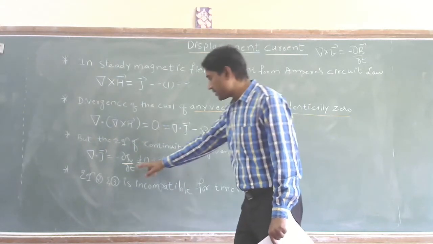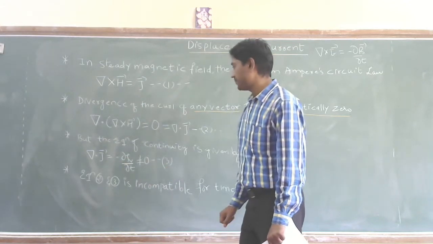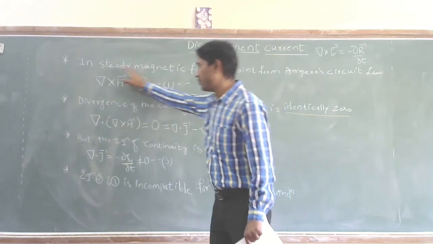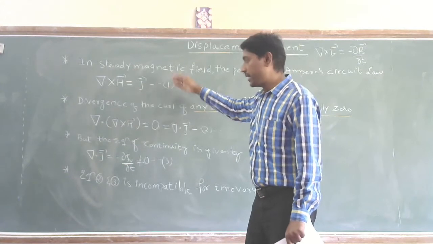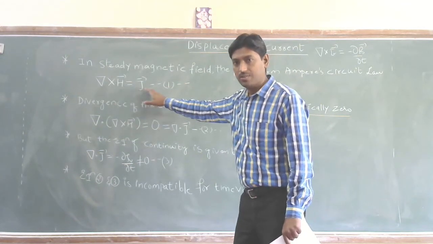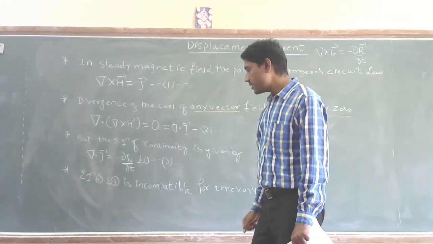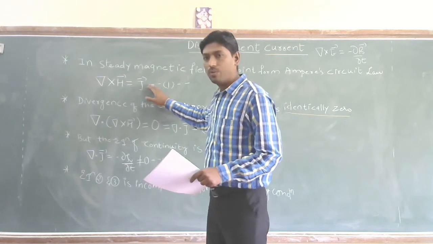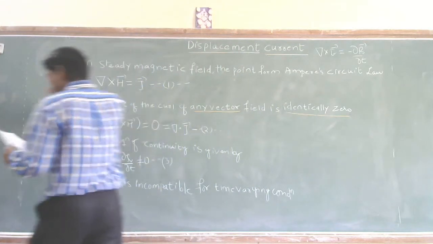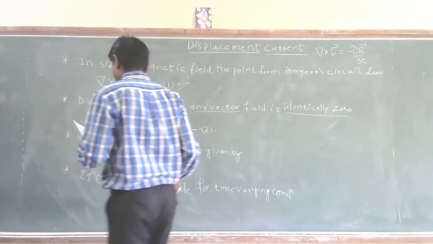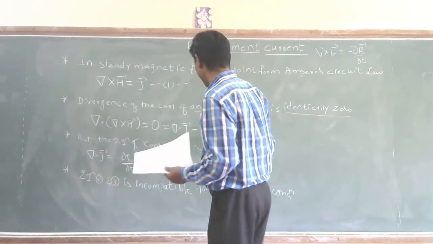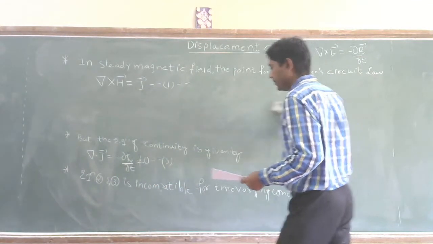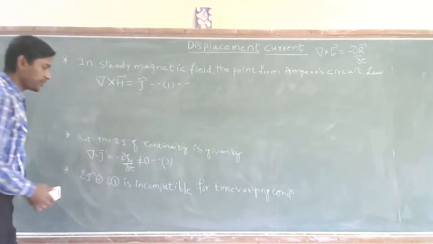So these two equations are not compatible, which means that equation 1, which we assumed might be true for the time varying case, is also not true. So we need to modify equation 1 in order to satisfy equation 3.